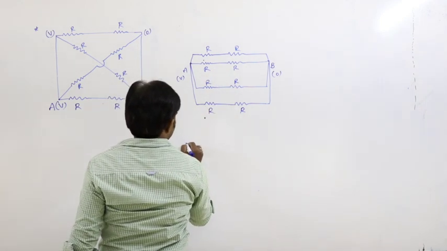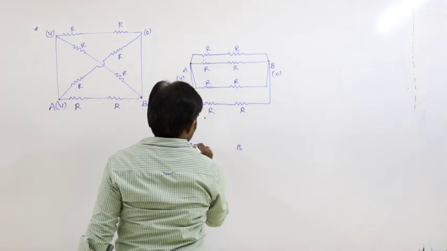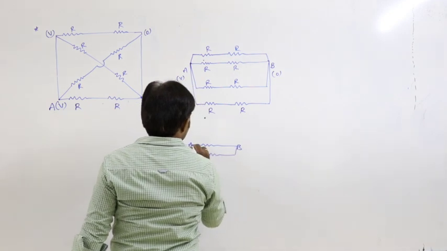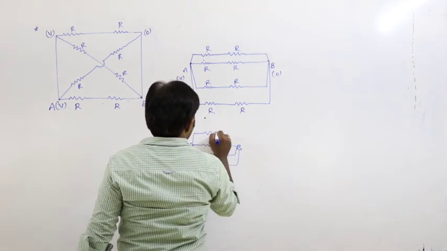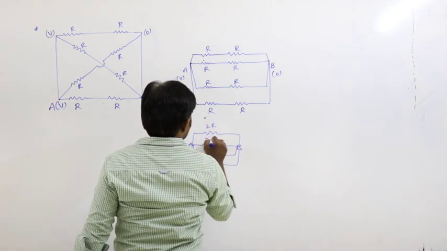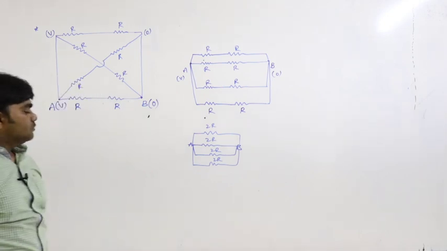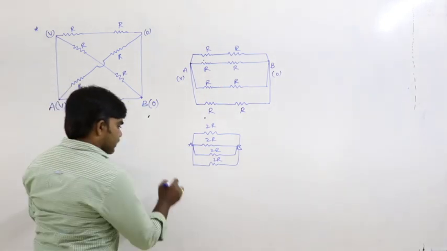So the total situation is A, B, with 2R, 2R, 2R, 2R in total. So R effective.